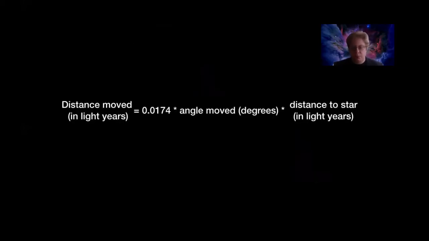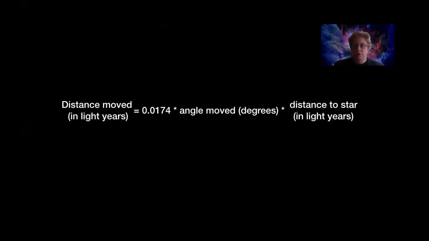So we have a formula for how to relate this, and it's pretty straightforward. All you do is multiply the distance to the star that we talked about in our last lecture, which in this case we can measure with the parallax method, by the angle, and with a conversion factor, we can figure out how far that star is moving in real life.